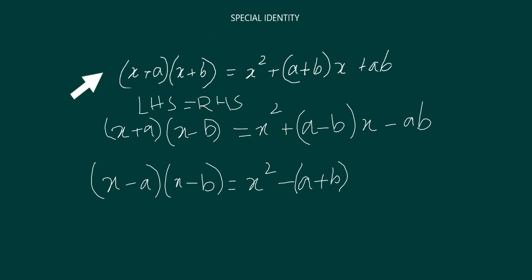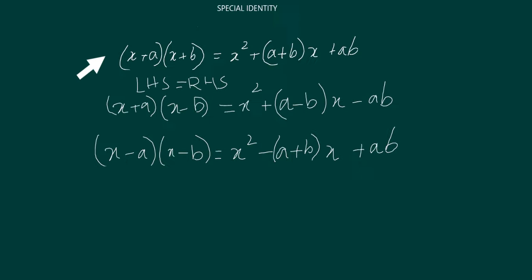So −(a + b)x, and minus times minus is a plus, therefore plus ab. Now these are the variants of this particular identity. It changes depending upon your signs. Now the fourth one is similar to the second, which is (x − a) times (x + b). Now the RHS, I'll leave it to you to fill it up.